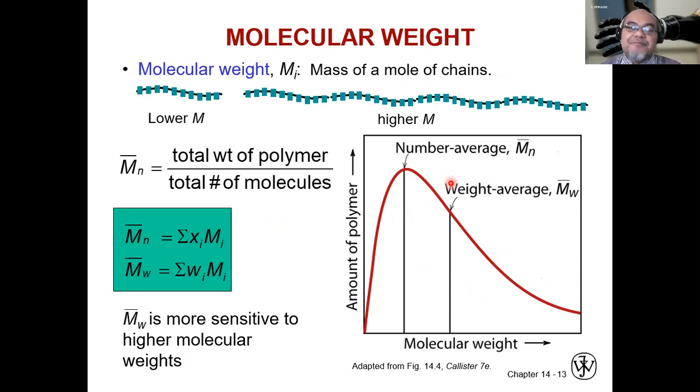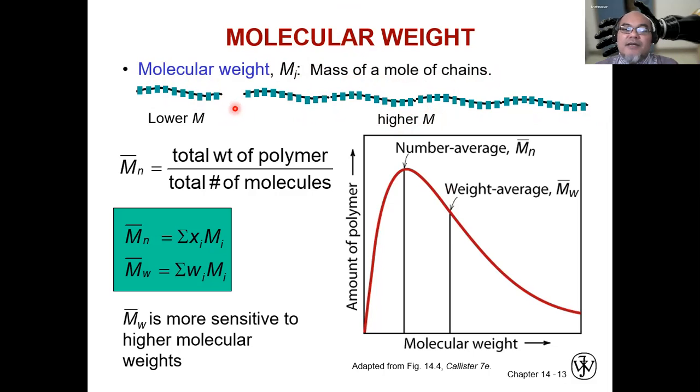In a polymer, the molecular weight depends upon the length of the chain. The molecular weight of a polymer is the mass of a mole of the chains. When the chain is short, you have a lower molecular weight compared to very long molecular chains, which have higher molecular weight.